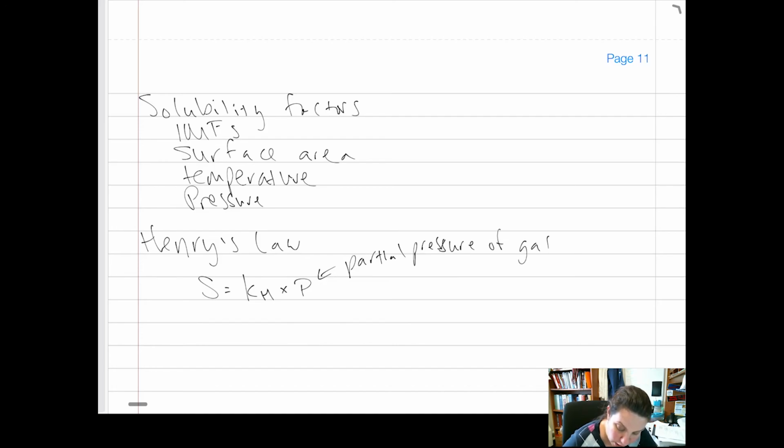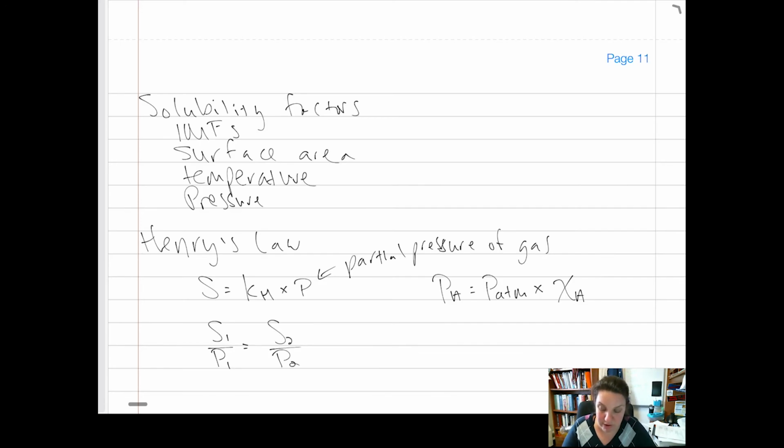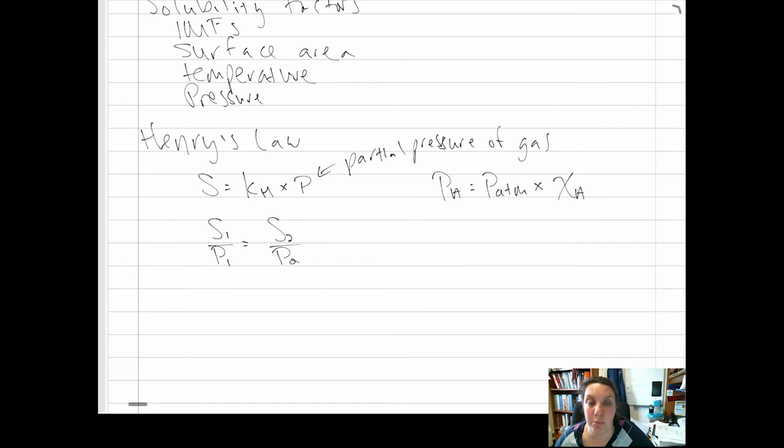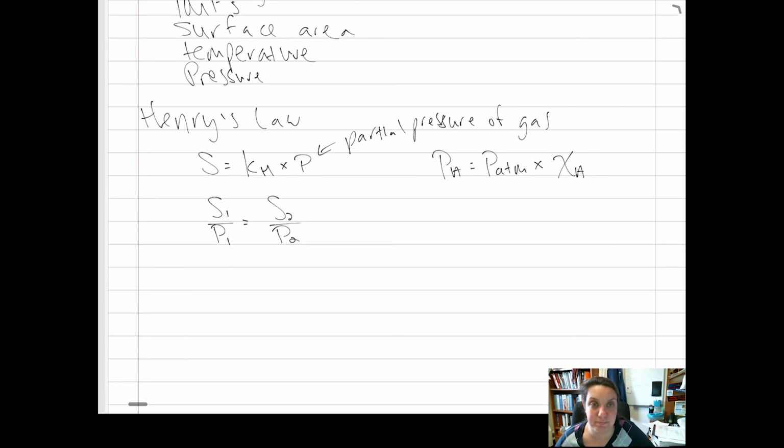Remembering that our pressure of our gas is equal to our atmospheric pressure times our mole fraction of our gas. Okay. We can also use this relationship, S1 over P1 is equal to S2 over P2. So another way we can utilize Henry's law to see how pressure affects solubility.